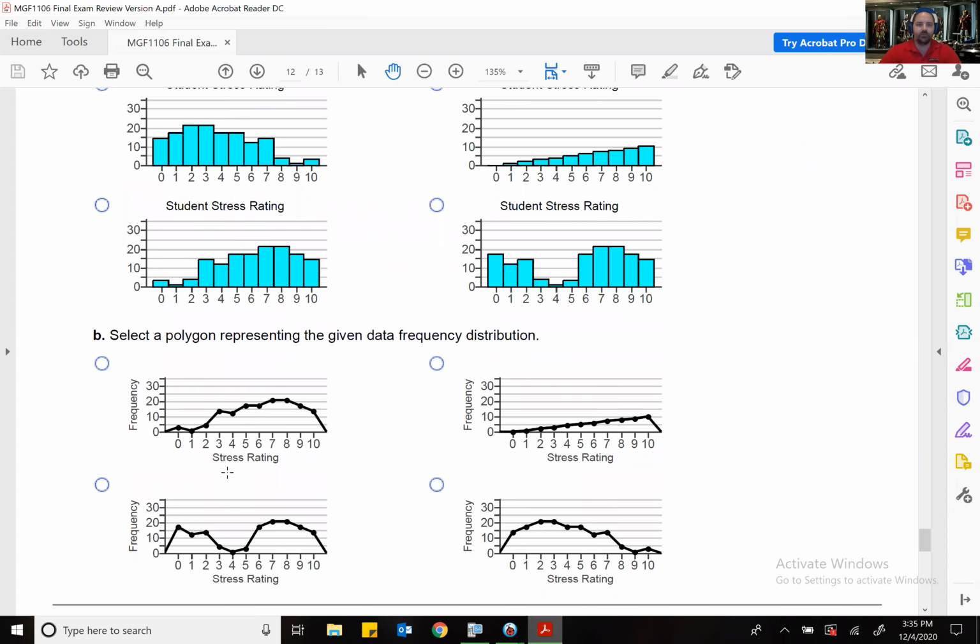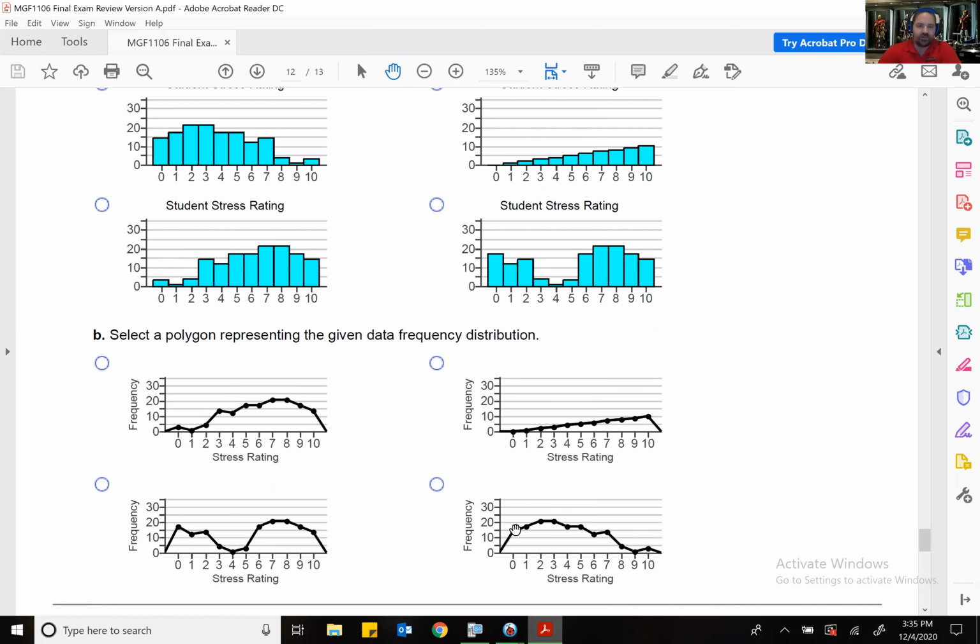Part B, all we need to do is find a graph that matches it as well. So which one of these graphs matches that bottom left hand graph? The first one. Because again, this one looks just like the top right hand, and that is too low. 0 should be up at 3.